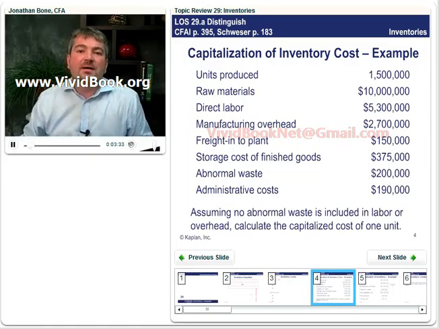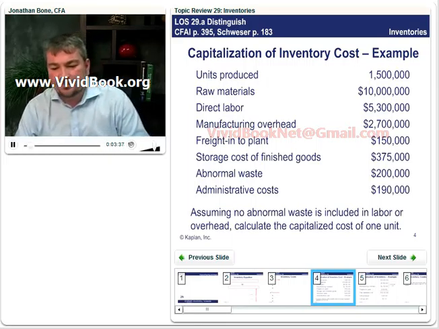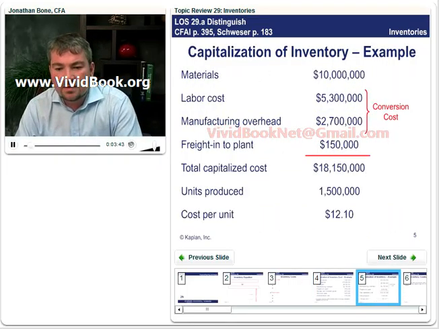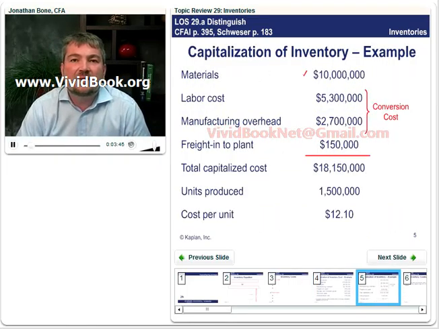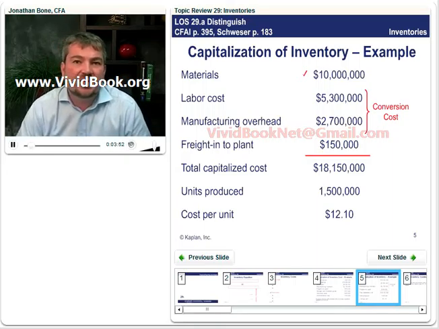What we've been asked to do here is work out the standard cost of one unit. So we take our materials, because they're involved in getting the stock into its current location and condition. Labor cost, because that's involved in producing our finished goods.